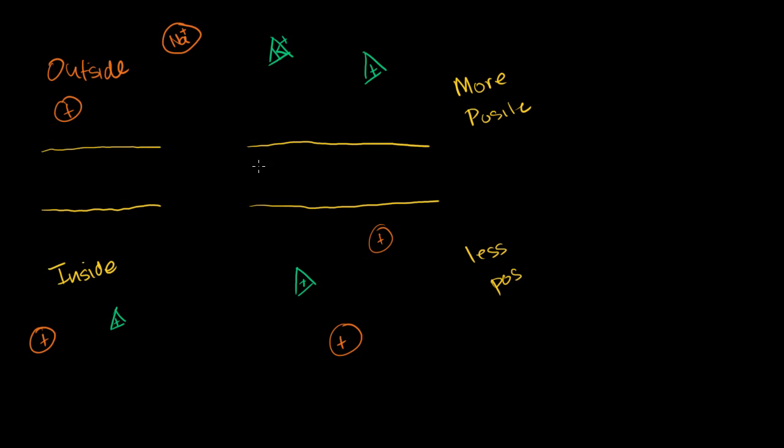So this is an electrical potential gradient. Right? If this is less positive than that, if I have a positive charge here, it's going to want to go to the less positive side. It's going to want to go away from the other positive charges. It's repelled by the other positive charges. Likewise, if I had a negative charge here, it would want to go to the other side. Or a positive charge, I guess, would be happier being here than over here.